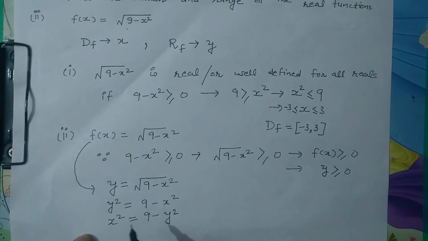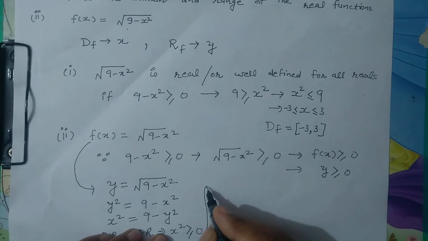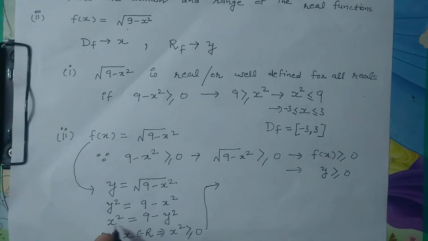Okay, now again, because x belongs to real numbers, x square is always greater than or equal to 0, because the square of any real number is always greater than or equal to 0.